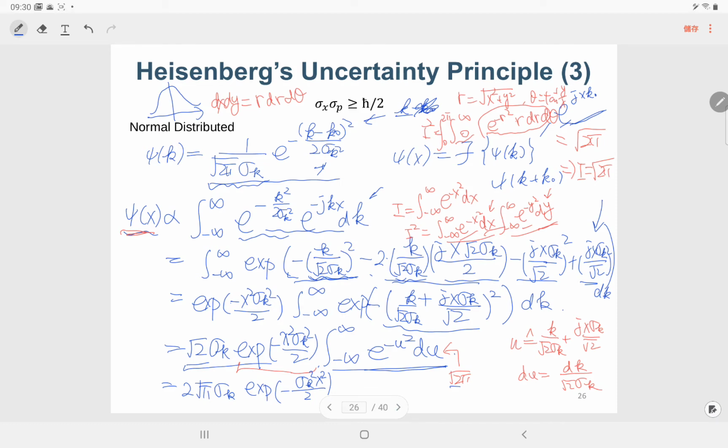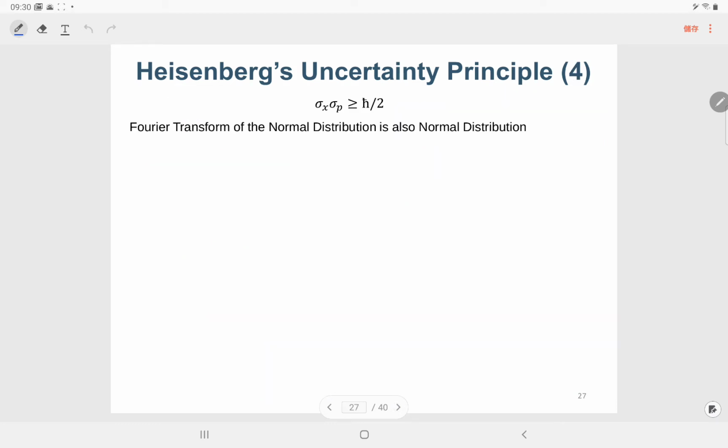Okay, so next part is originally we have phi k proportional to exponential to minus k squared over 2 sigma k squared. And then we know that phi x is proportional to exponential to minus sigma k squared over 2, and then x squared, something like that.